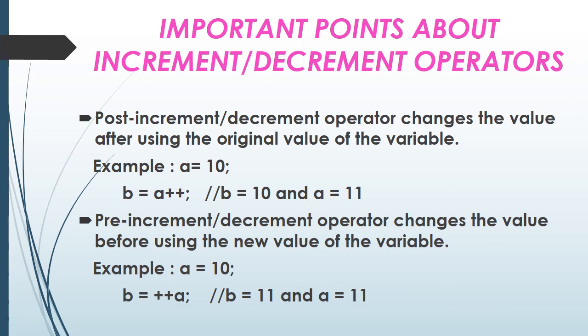Because we are incrementing here, a will become 11. So which value will b contain? b will be equal to 11. First it will change the value and then use the new value. So in this way b is 11 and of course a is also 11. So this is the difference between post-increment and pre-increment.